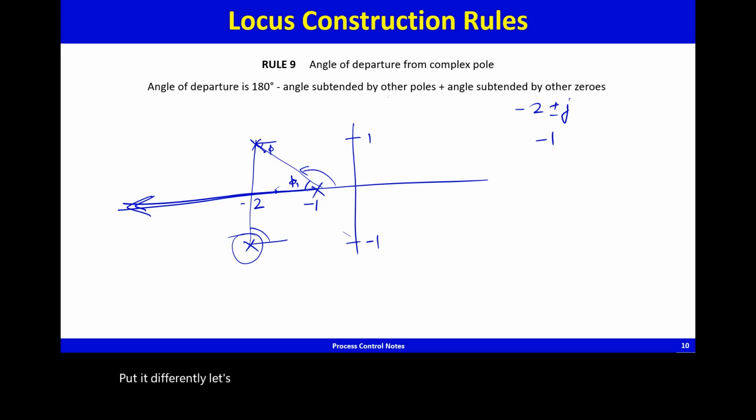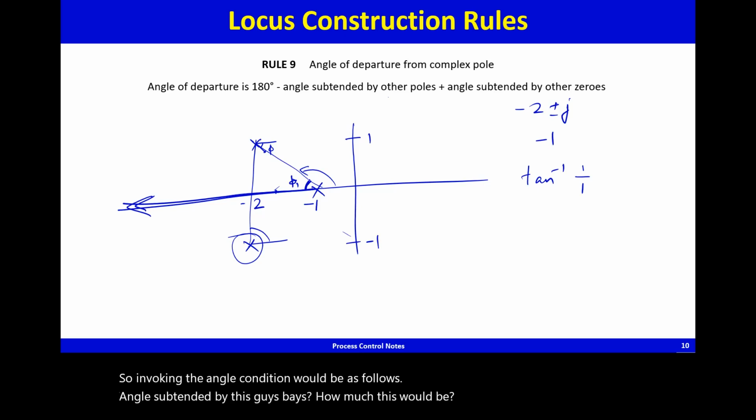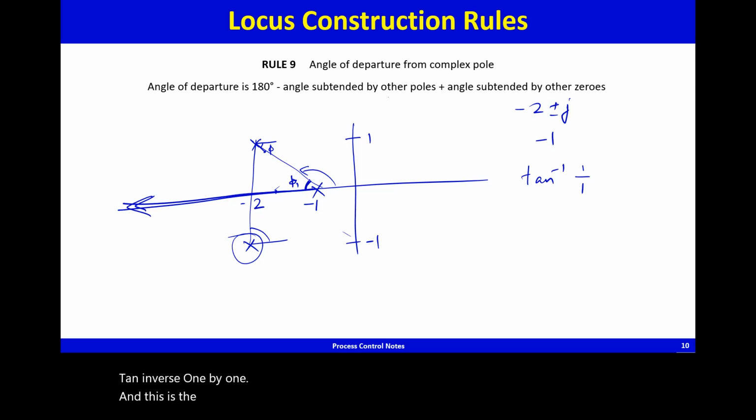This would be tan inverse 1 by 1, and this is the angle. The angle is actually negative, but since a pole occurs in the denominator, the angle would become positive.